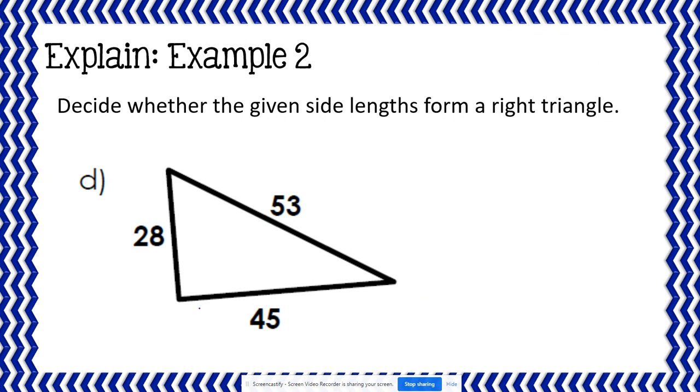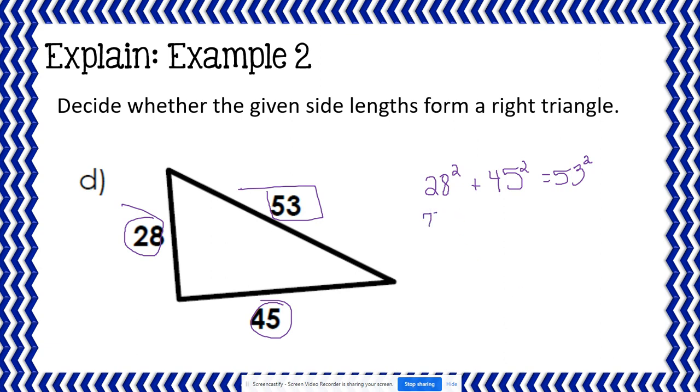D says 28, 45, and 53. We know that 28 and 45 are our shortest sides, so they would be our legs, and 53 is our longest side, so it would be our hypotenuse. If we plug that in, we would do 28 squared plus 45 squared equals 53 squared. Now we just need to solve these. 28 squared, if I put that in my calculator, is going to be 784. 45 squared is going to be 2,025.